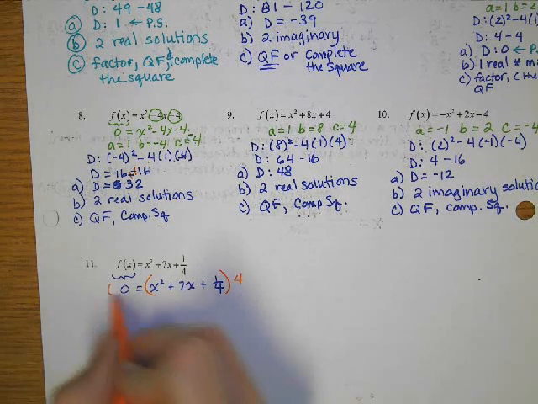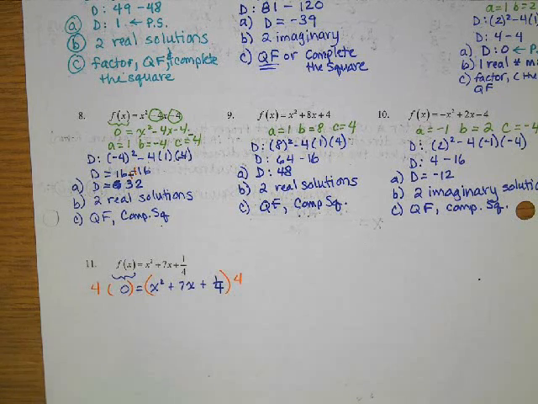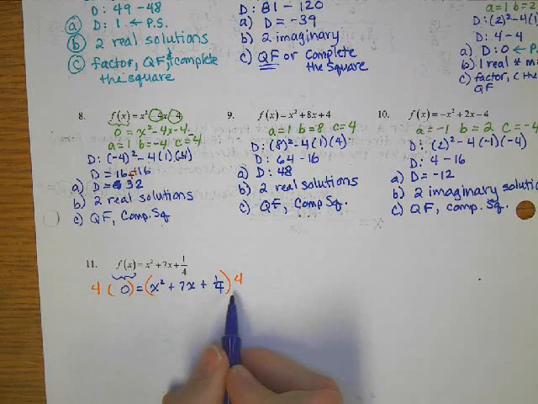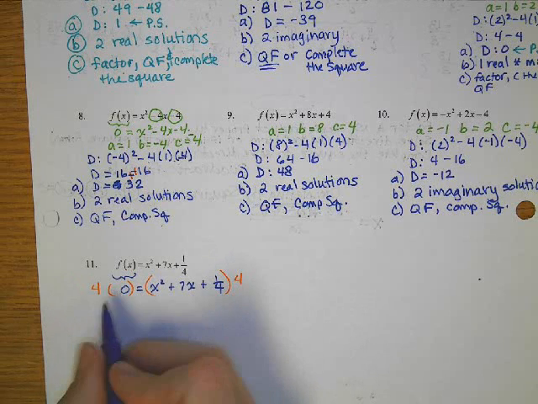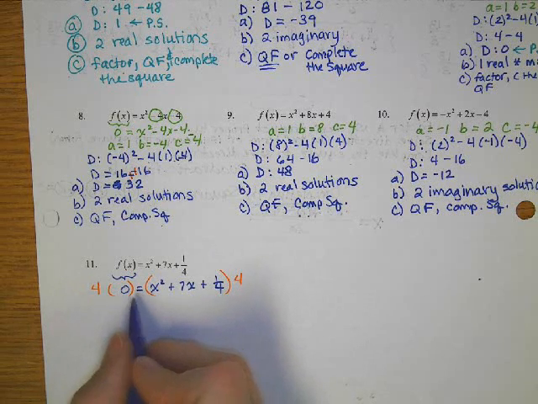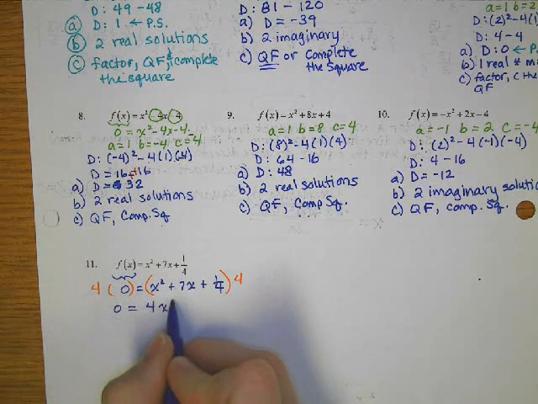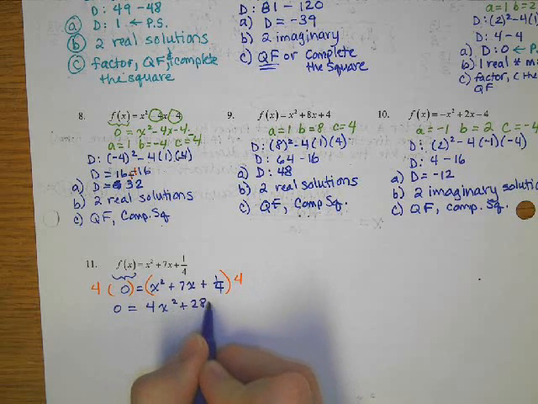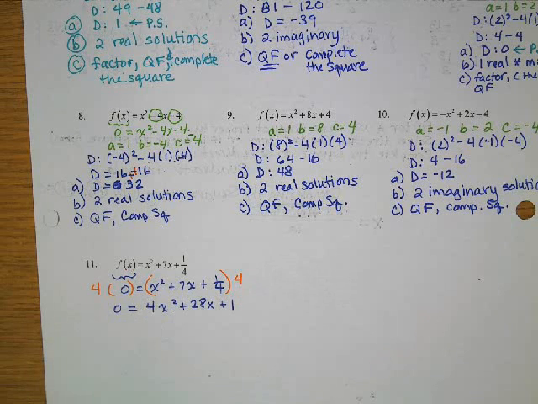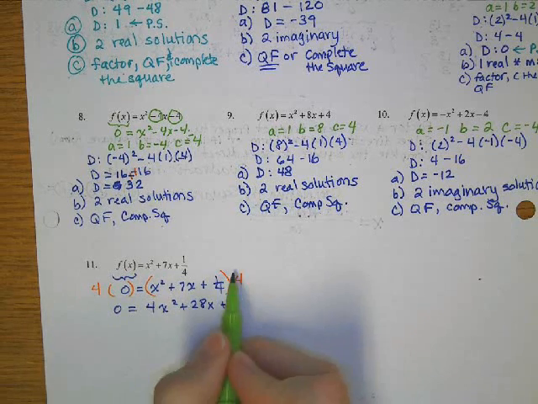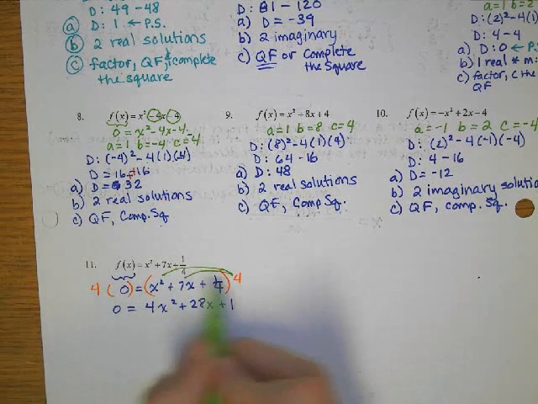You're going to want to make sure you give this a go and multiply through by the least common denominator, which would be 4. Whatever I do to one side, I have to do to the other to keep the equation actually equal. So that would give me 0 equals 4x squared plus 28x plus 1. Remember, we have to distribute that 4 to each term.